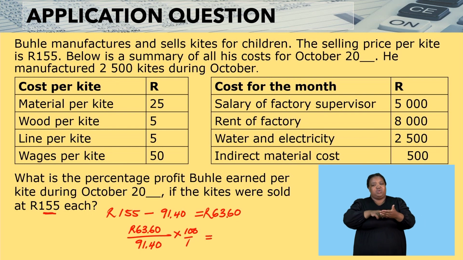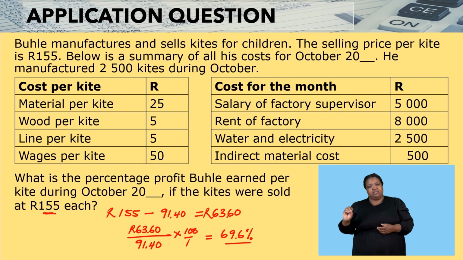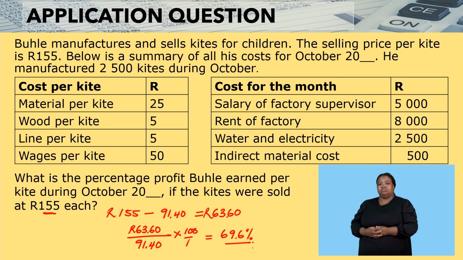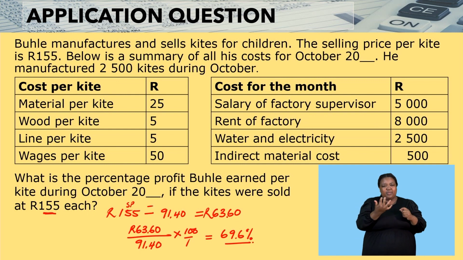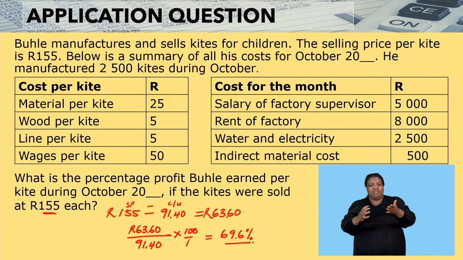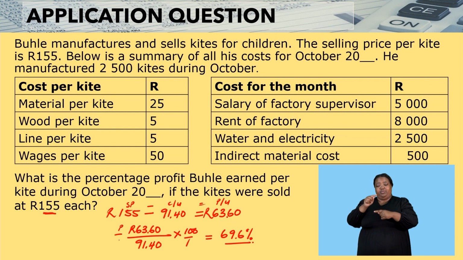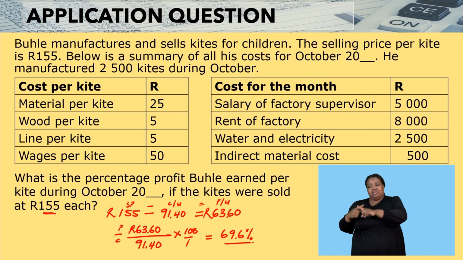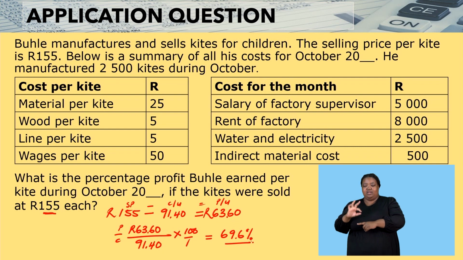You punch that in your calculator, it should give you 69.6%. This is the percentage profit that has been earned per kite. First, you have to know your selling price minus the cost per unit. It gives you the profit per unit. Then you divide your profit by the cost, multiply by 100 over 1. That gives you the percentage profit per kite.